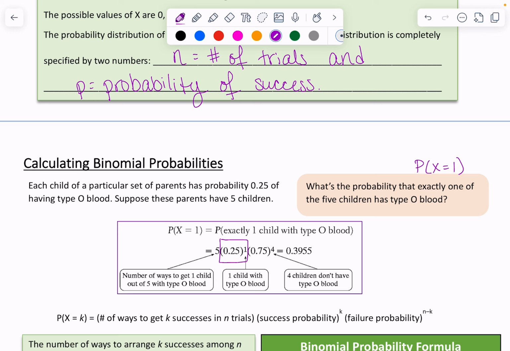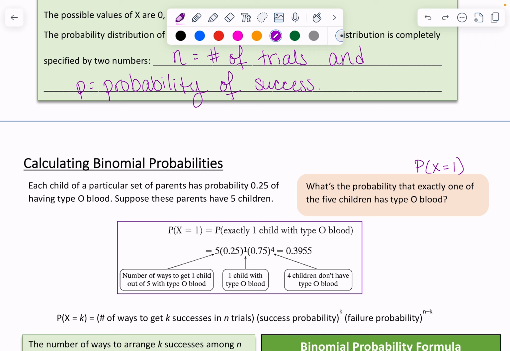So I put the probability of type O, so the 0.25, with 1 kid, because only 1 kid has type O. Okay, now I look at who doesn't have type O. If type O is 0.25, not type O is 0.75, and then I have 4 kids who don't have type O. So 0.75 to the power of 4.